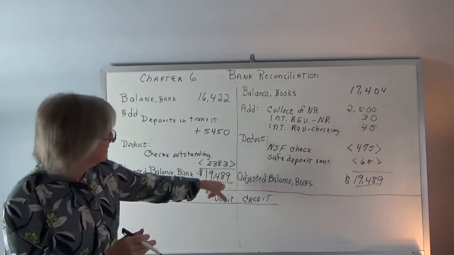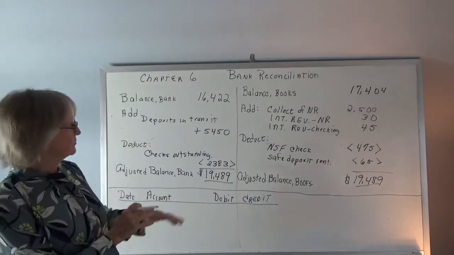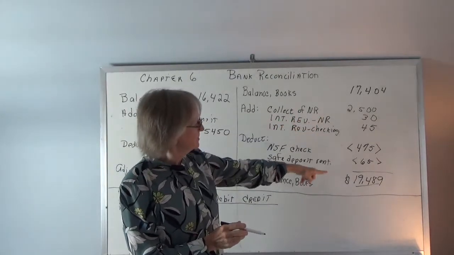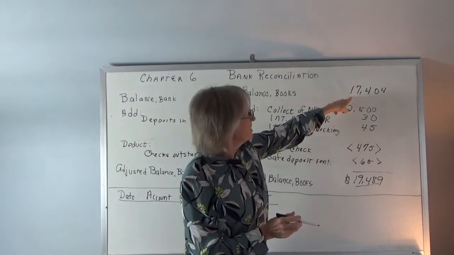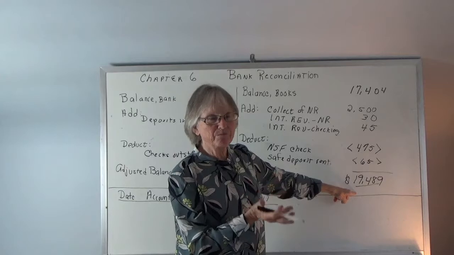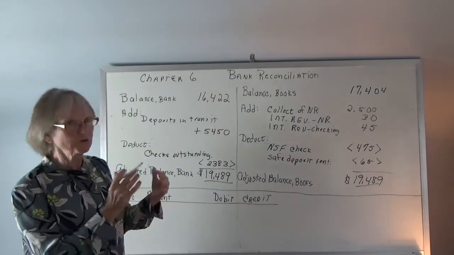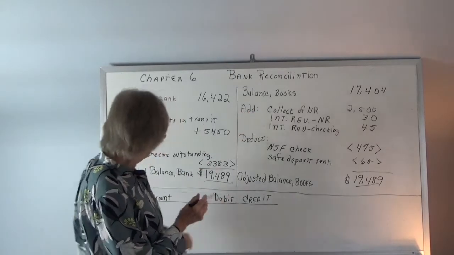So our adjusted balances are equal. However, we're not done yet. We're done with the reconciliation part, but now we have to tell the company books about everything that happened over here. This is the balance on our checkbook right now. This is what it should be. So as a result of the bank reconciliation, we have to make some journal entries to tell the books what happened. So the cash went up by these three amounts.